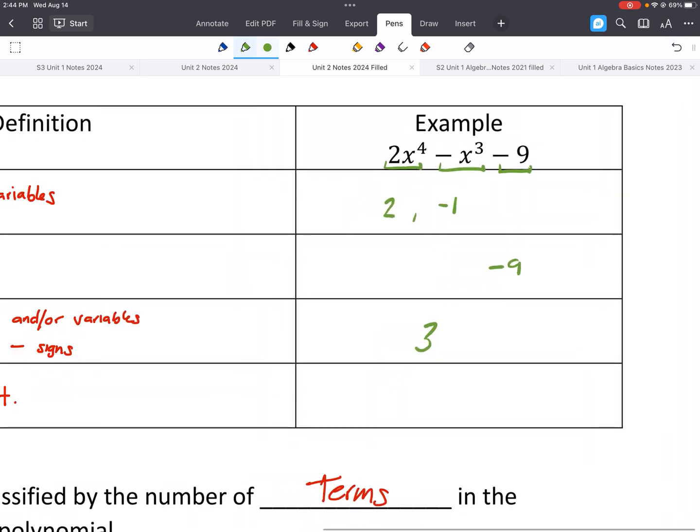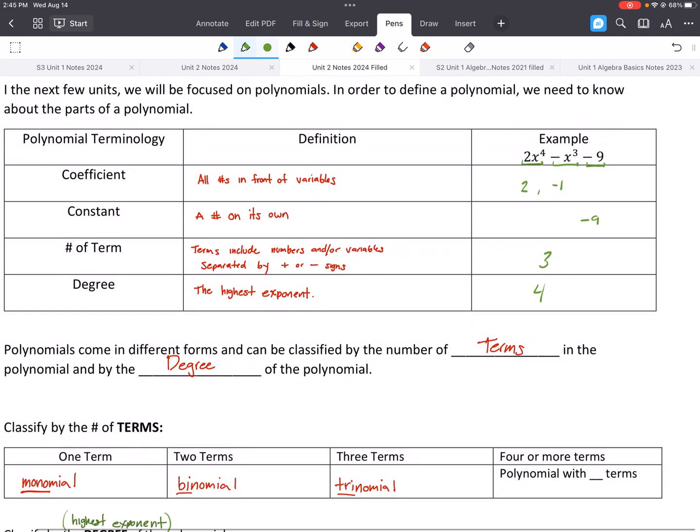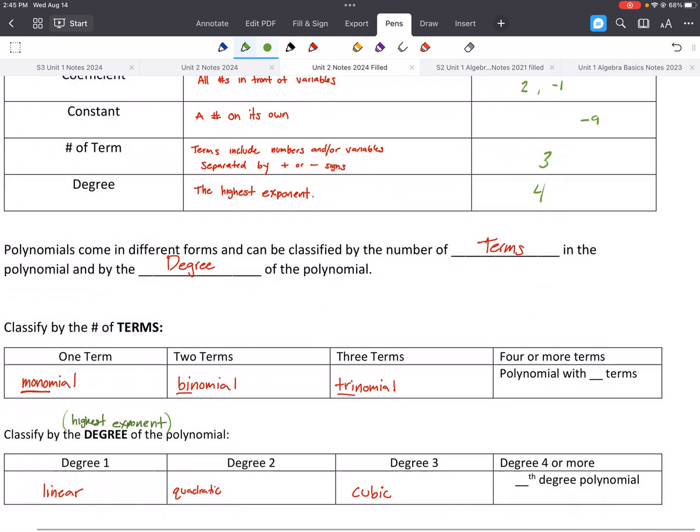So the degree of this polynomial would be 4. We're going to do more examples of that, and hopefully that will be more clear. You can also classify it by degree, and we'll get into that next.